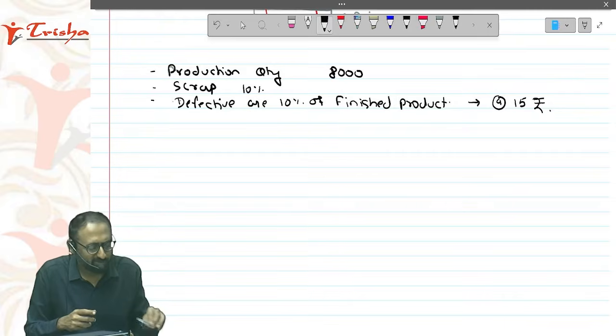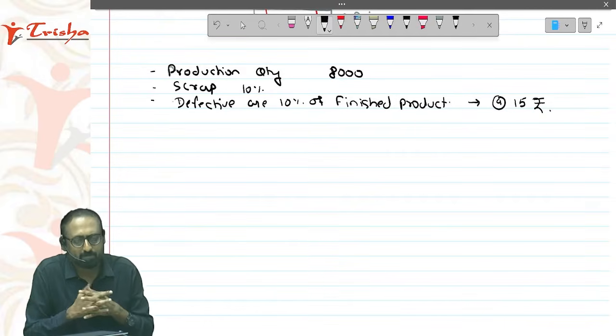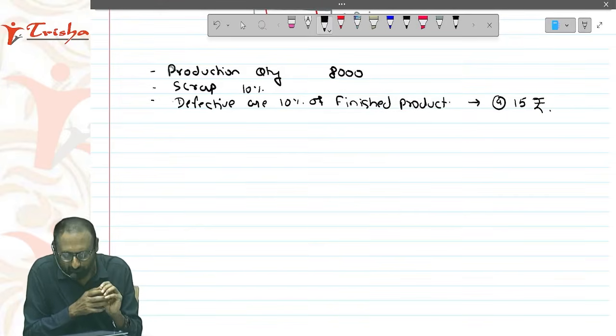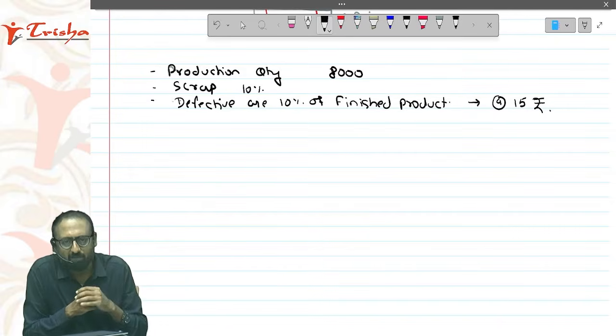You will have to tell me how many units are defective. Read the question carefully. How many units are defective and how much will be the rectification cost?